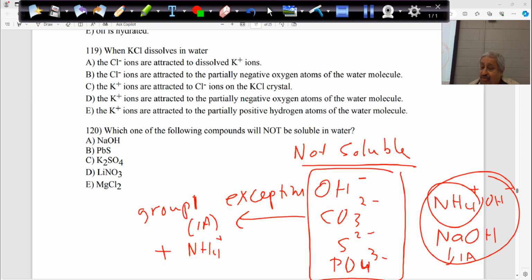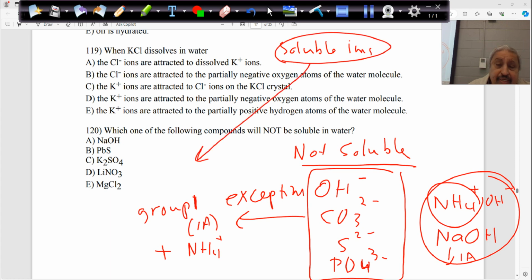Then from the other side, the soluble ions here, you tell me which they are. There are some exceptions, but in general, what's the soluble one? Nitrate.